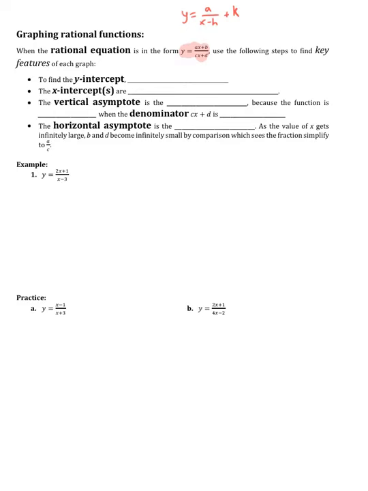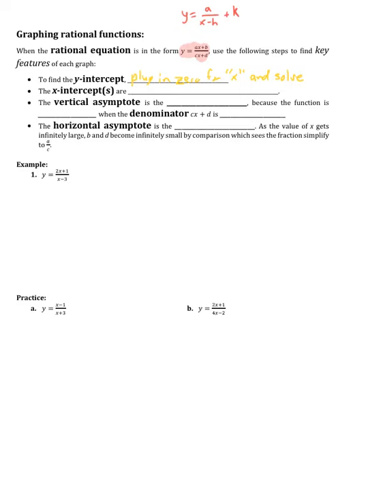So to find key features, to find the y-intercept, we're going to plug in 0 for x and solve. That's how we find the y-intercept.